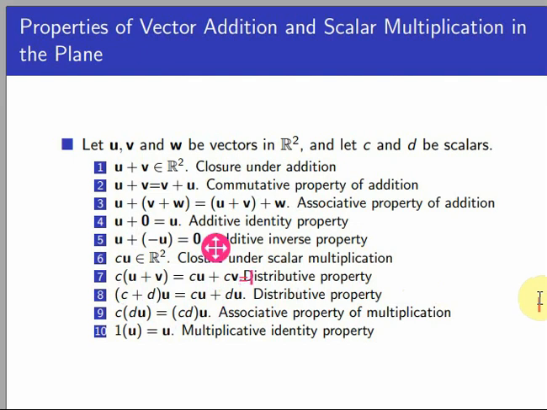And here, (c plus d) times u equals cu plus du, which is the distributive property. And here, 1 is what? 1 is the multiplicative identity. Yes, this scalar 1 is the multiplicative identity.